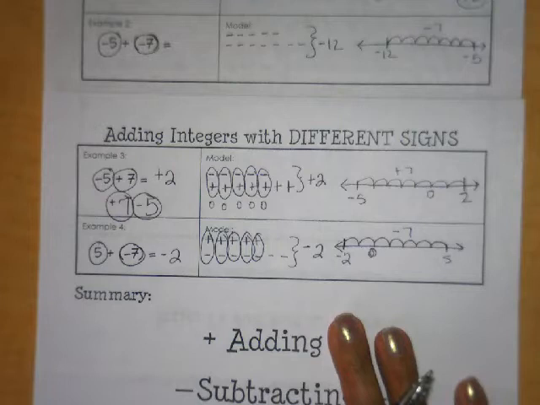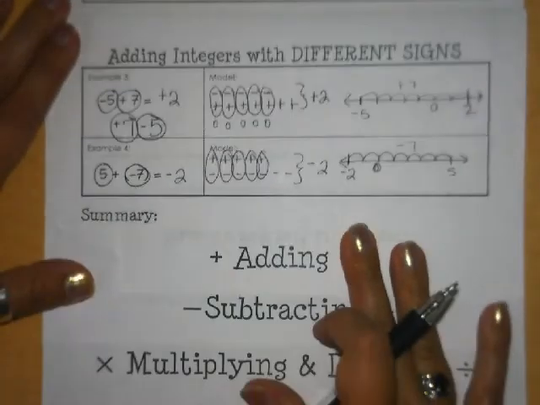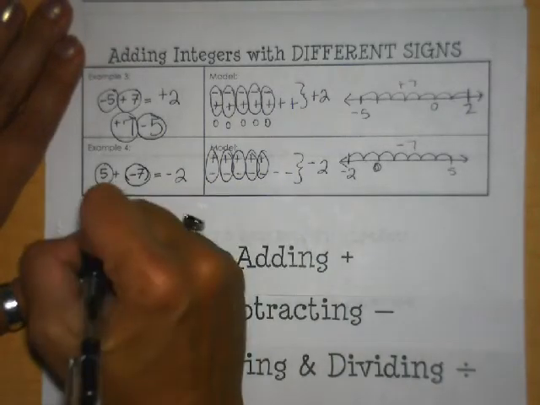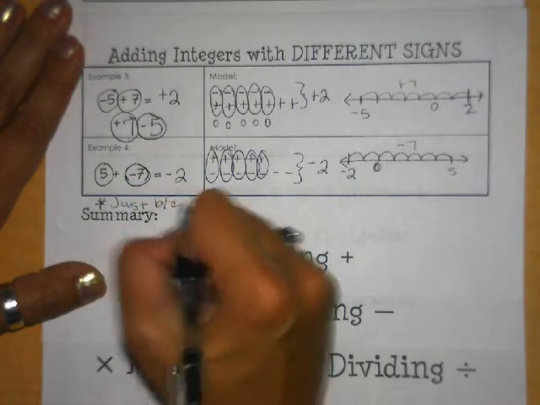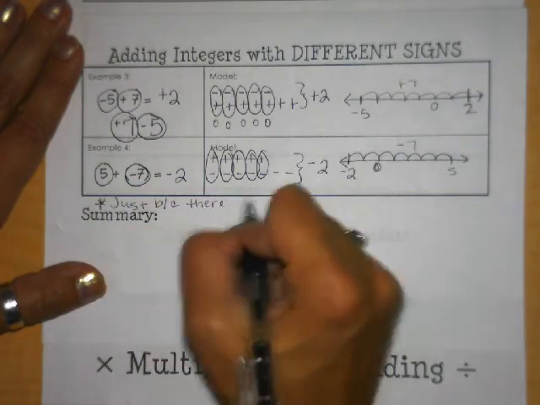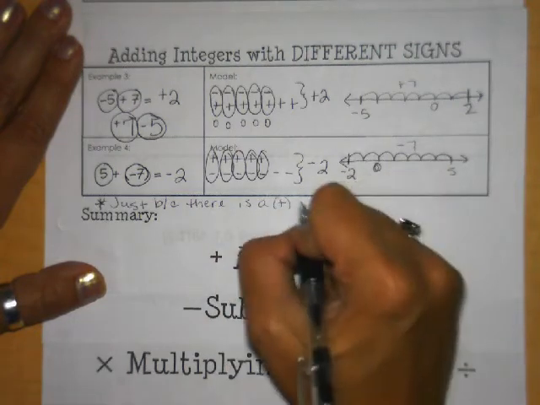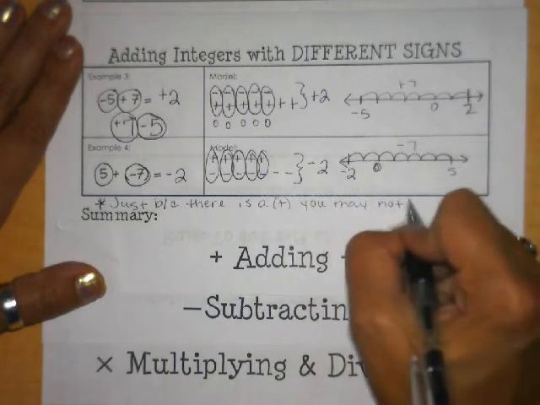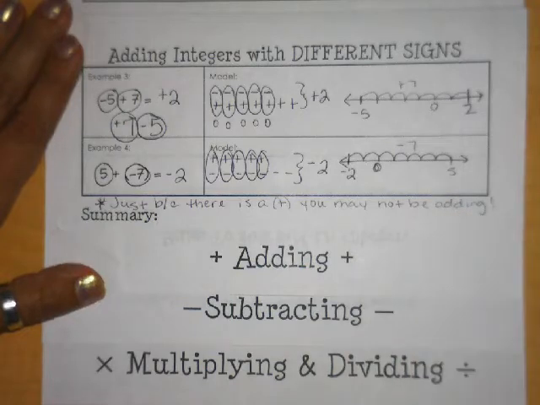Okay? So in summary, what we can say is, we'll put a little star before the summary. Just because there is a plus, you may not be adding. Okay?